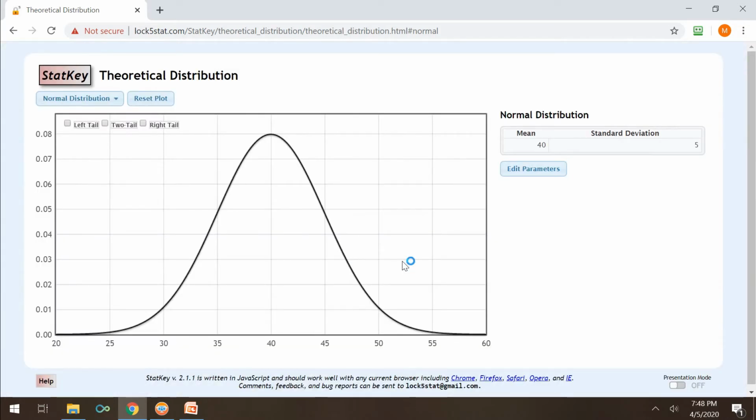Once you create this normal distribution, you will click two tails and make sure that the area under the curve is 95%, so you would write it as 0.95. Once you do that, you will create the confidence interval. So in this case, the answer will be an interval between 30.2 and 49.8.